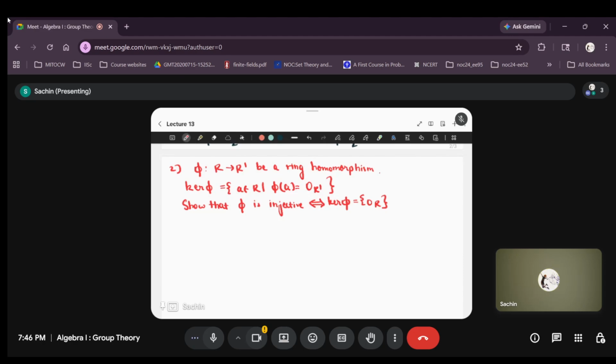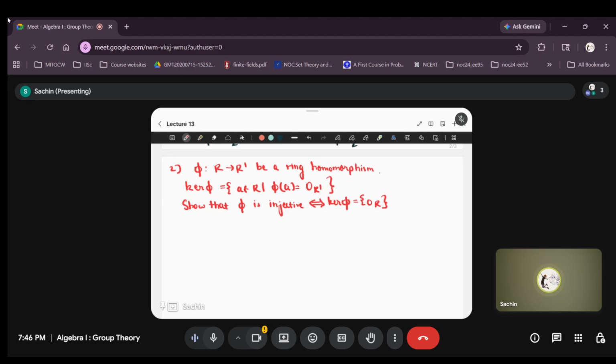Can I do this? No, injective is one to one. Mathematically, by one to one we mean if phi of a is equal to phi of b, then a must be equal to b.